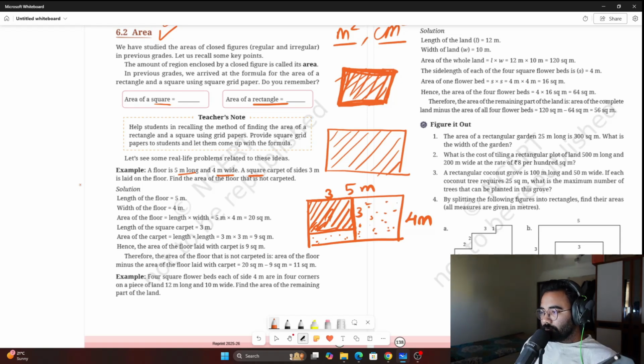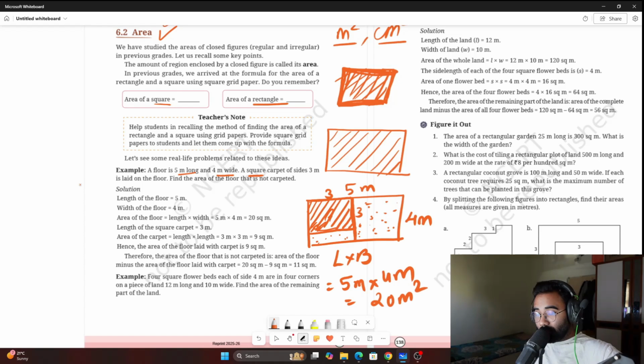no carpet. Now common sense dictates that first of all, I calculate the total area of the rectangle. What is the area of the rectangle? Length multiplied by breadth, that should give me 5 meter multiplied by 4 meter, that should give me 4 5 is 20 meter square. This is the area of the rectangle.